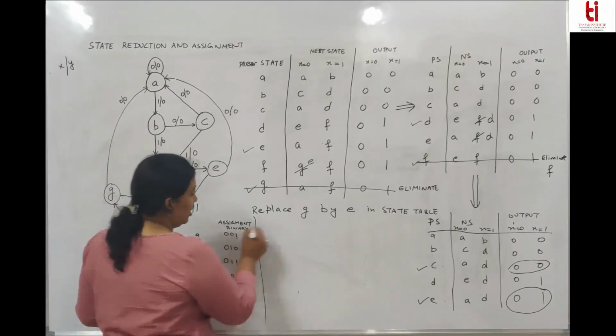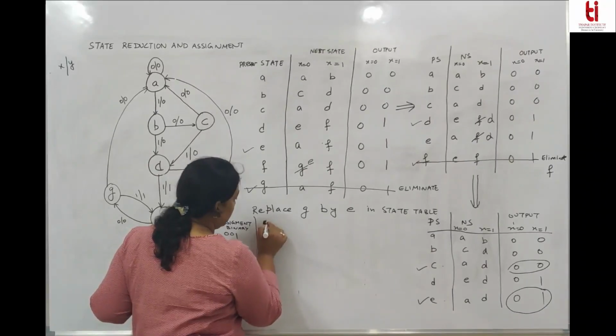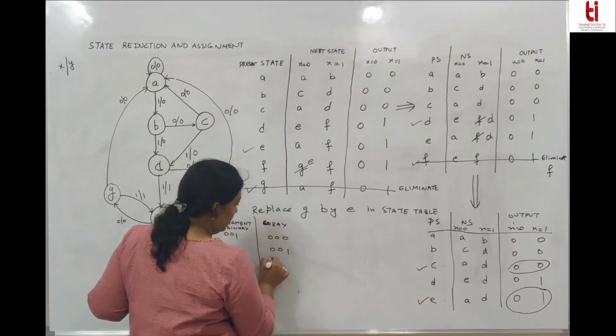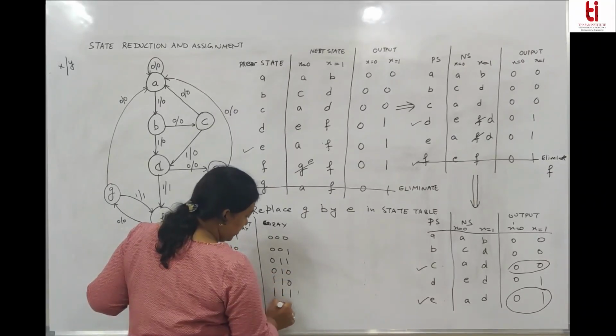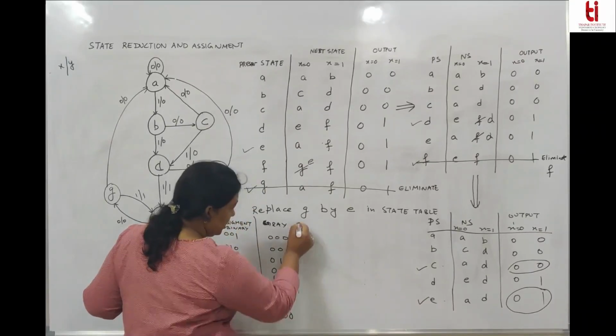Could be this. Similarly, in state assignment, it can be a gray code: 0, 1, 2, 3, 4, 5, 6, 7. This is another way.